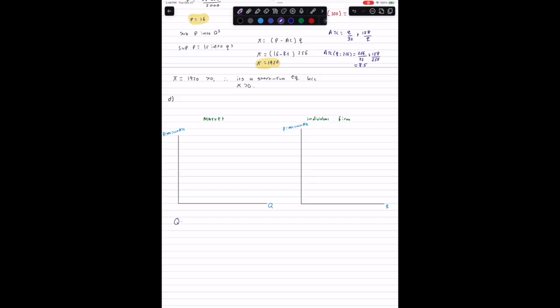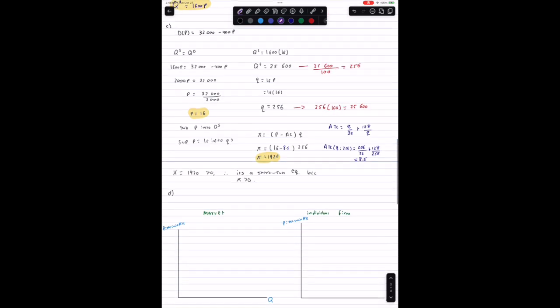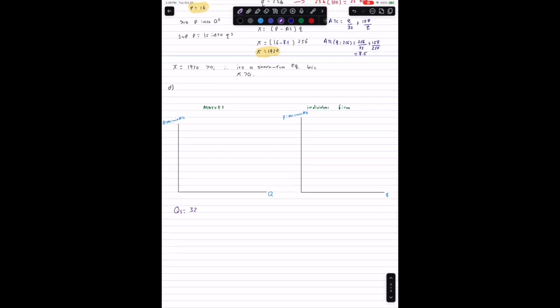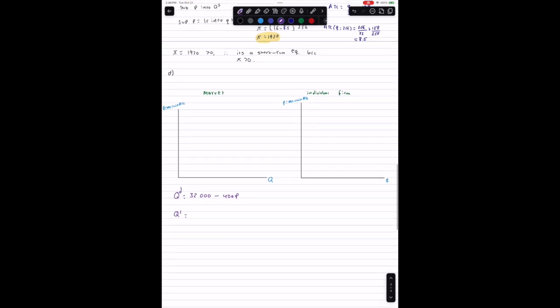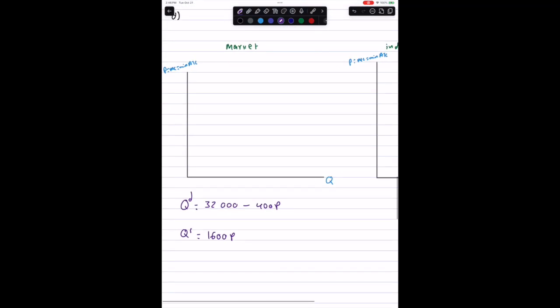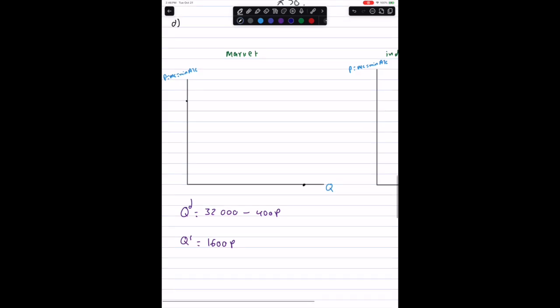Remember, market demand is equal to 32,000 minus 400p. And, sorry. Market demand and market supply was equal to 1600p. Let's start with demand. We have to draw our choke price, and we have to find our intercepts basically.